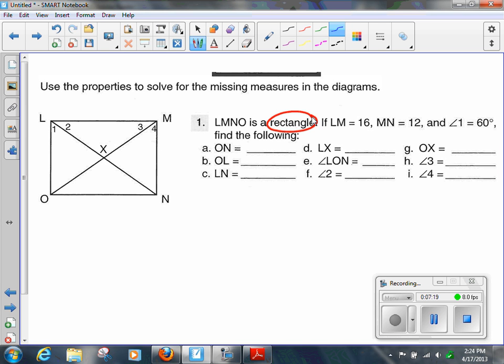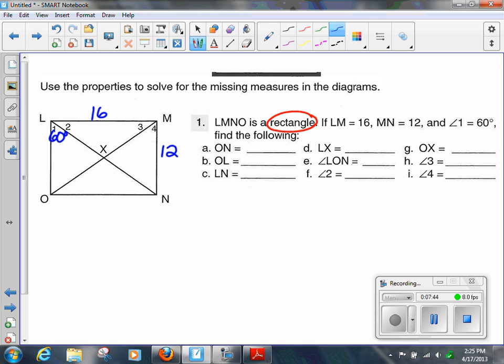Now, it says if LM is 16, folks, mark up your picture. MN is 12. Mark that side. Angle 1 is 60 degrees. Find the following. Now, I don't care about the order that it's asking me for these things. I just want to start filling things in.